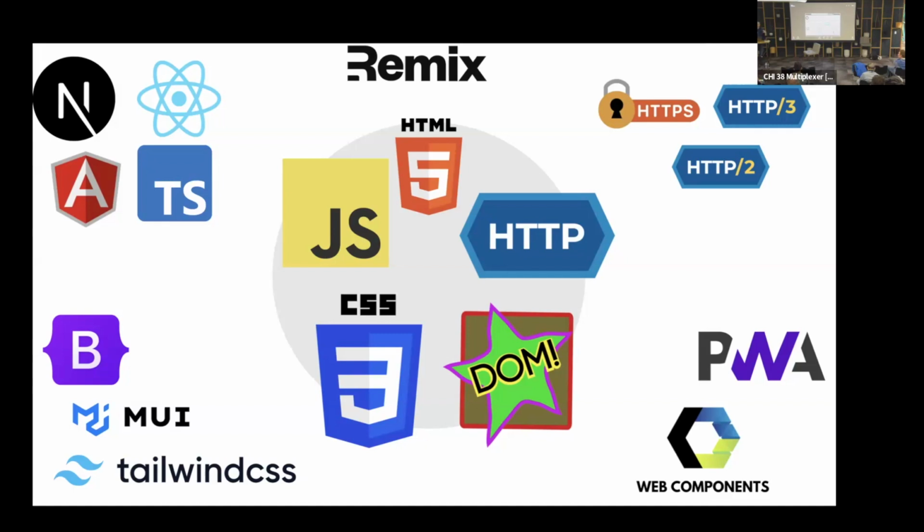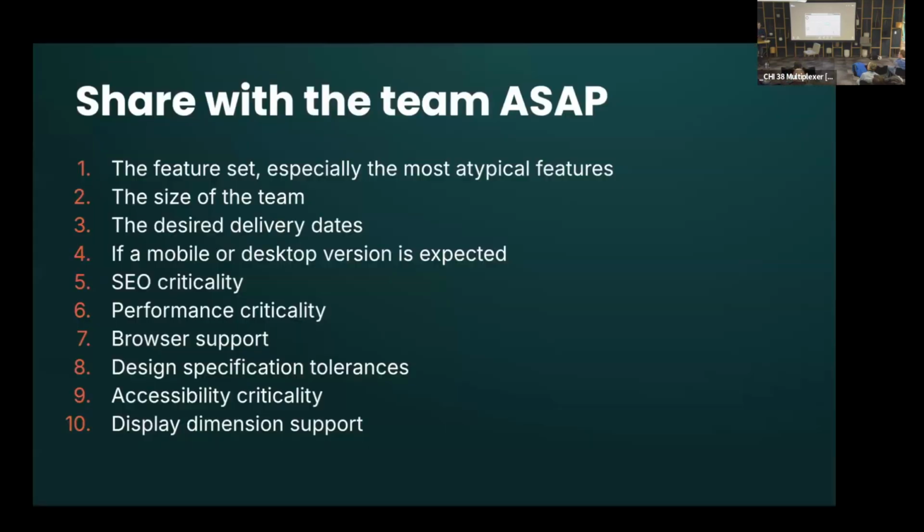Fortunately, you as the product person probably don't have to make the decisions on which technology to use, but you are extremely influential in what technology decision should be made. So as a product person, here's the list of things I think are the most valuable to share with your team, to set that context so they know how to make a good decision on the technologies they're picking to build the app.